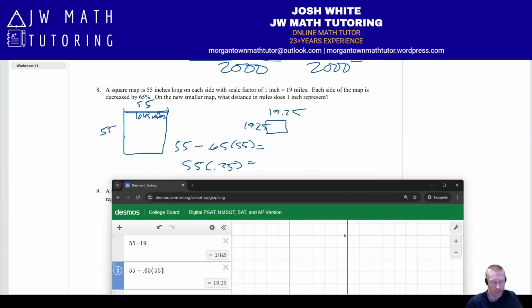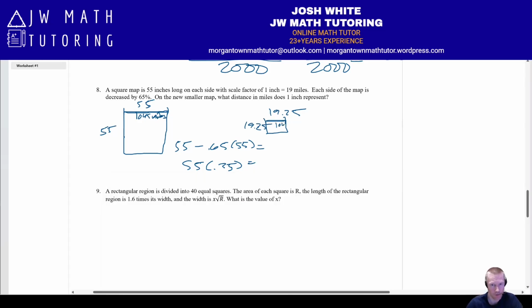So now they want to know what's the distance that 1 inch represents on the small map. Essentially, what's the scale factor? You still have the same 1,045 miles being represented now by only 19.25 inches.